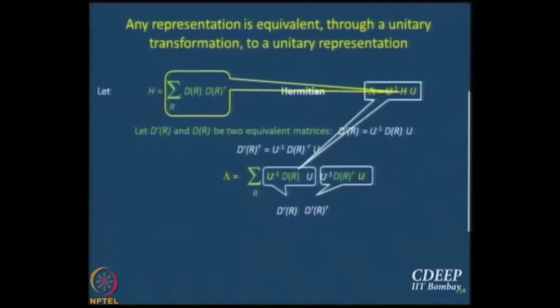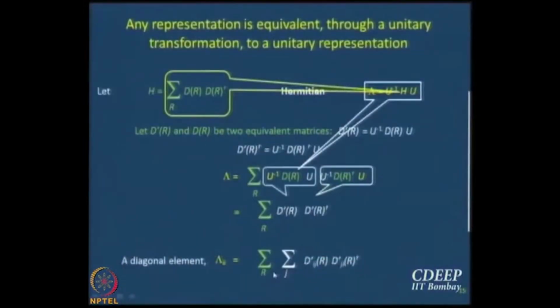So here what we did is that we just wrote the terms. Now if you sum it over r, then you get lambda once again. Okay. What do I do next? Let me see what a diagonal element is to start with.